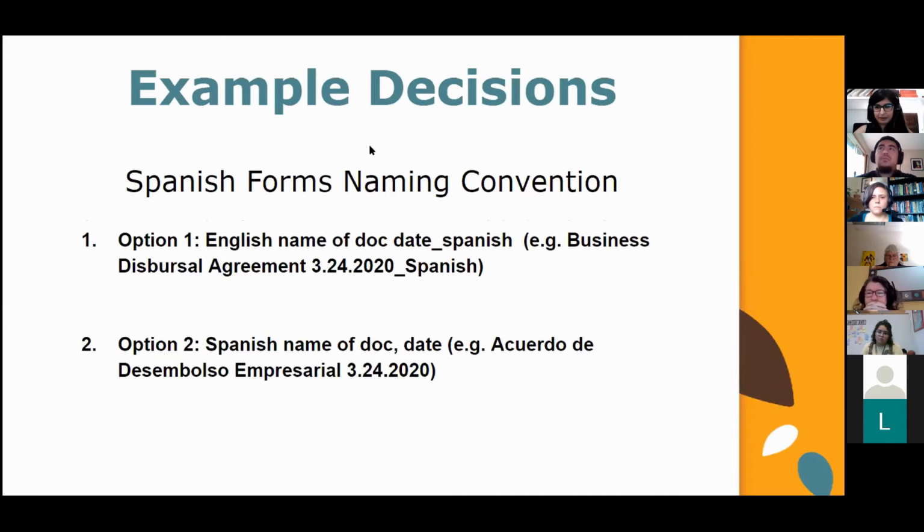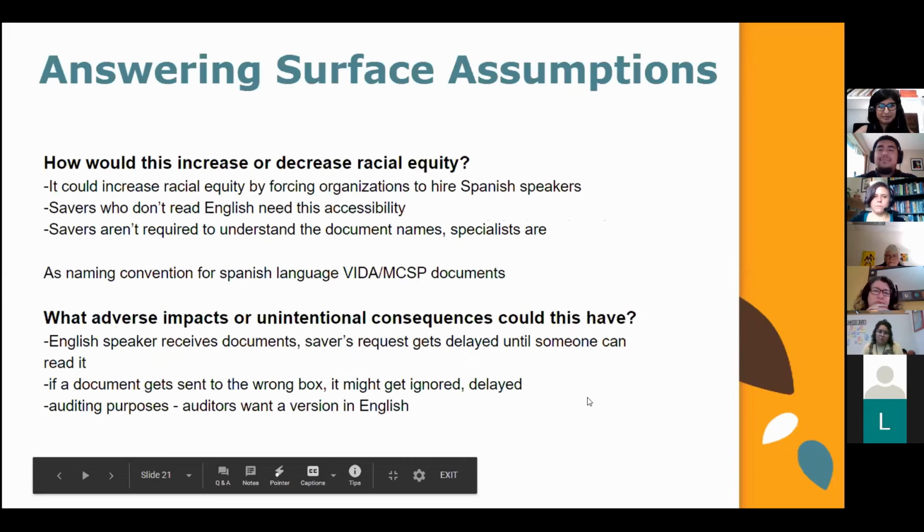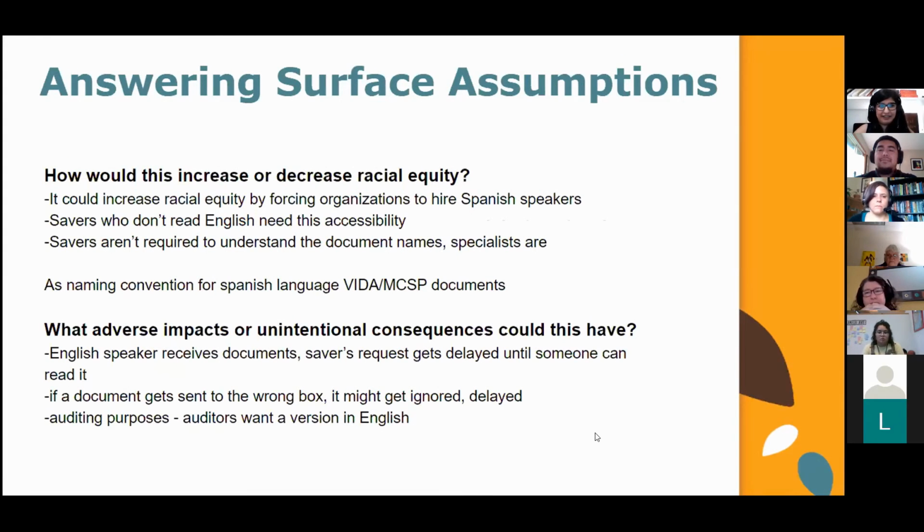Lane, could you go to the next slide? Thank you. We did start with the question of surface assumptions, right? And I'll go back to saying that in this meeting, we had people from all different areas of working with the IDA.